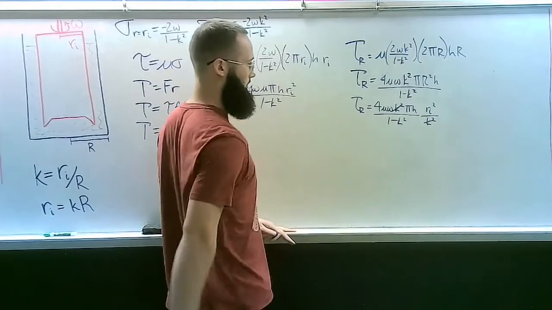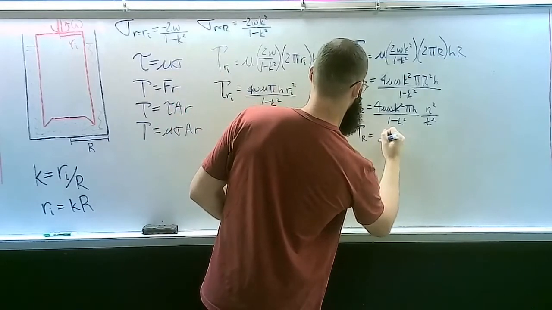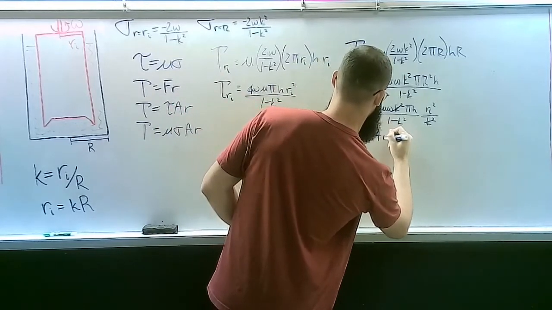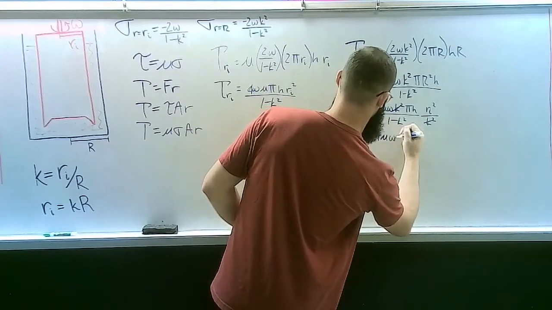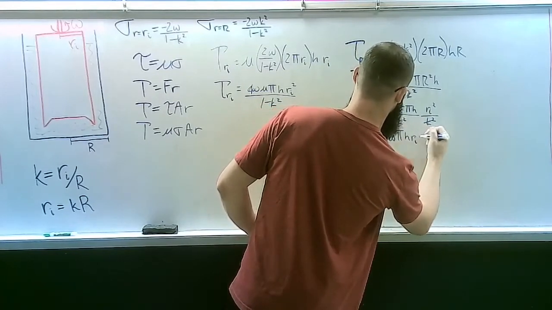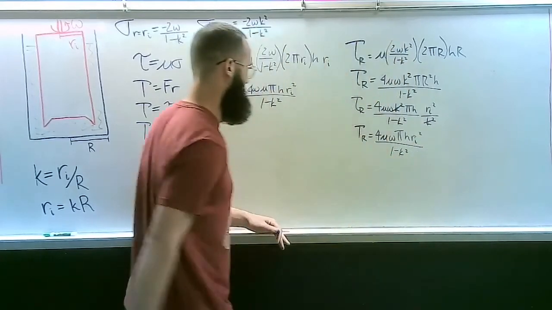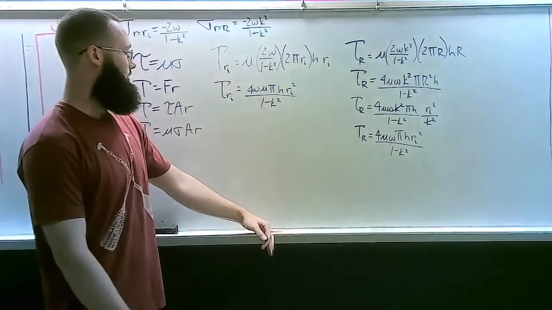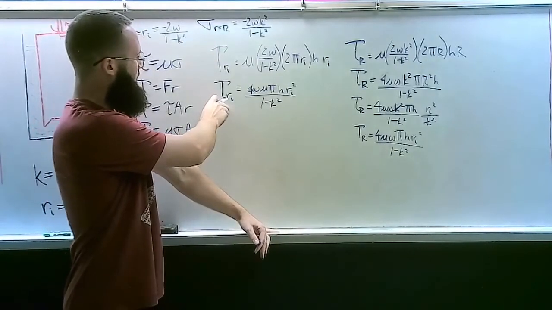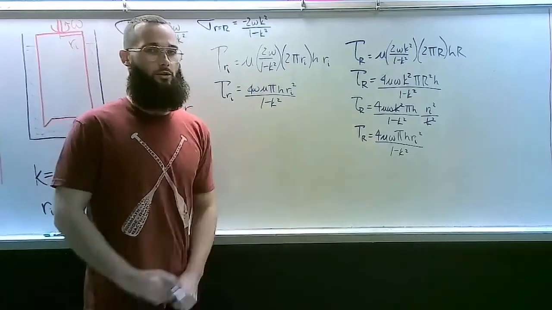See those k squareds cancel. And we're left with the torque at the outer radius is equal to 4 times viscosity times the angular frequency times pi times the height times the inner radius squared, all over 1 minus k squared. And you can see from here, the torque at the inner radius will have the exact same value as the torque at the outer radius.